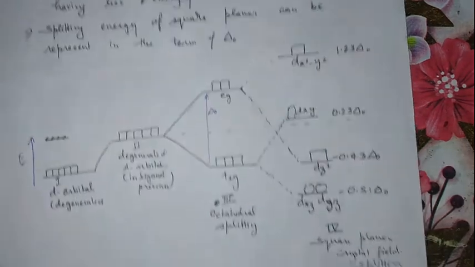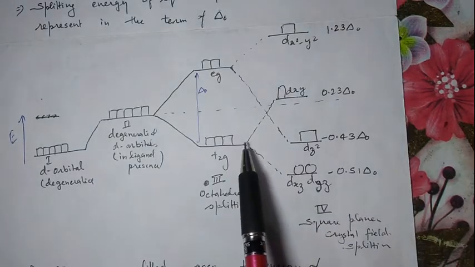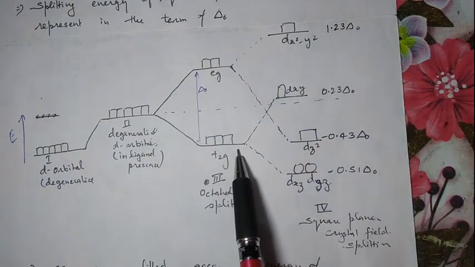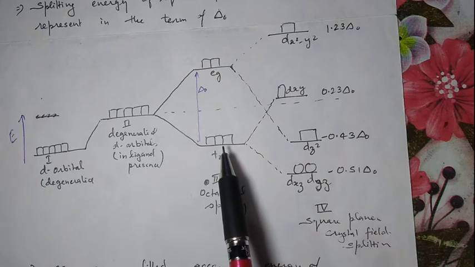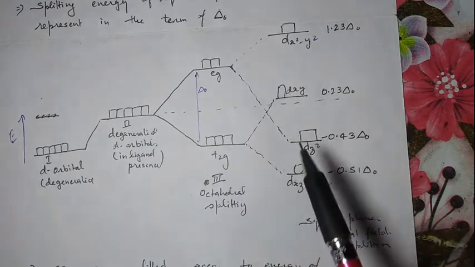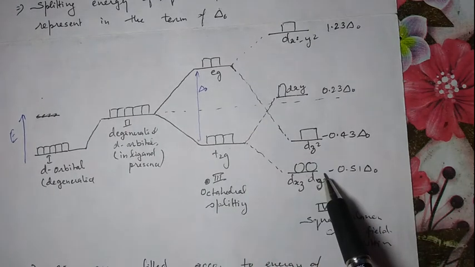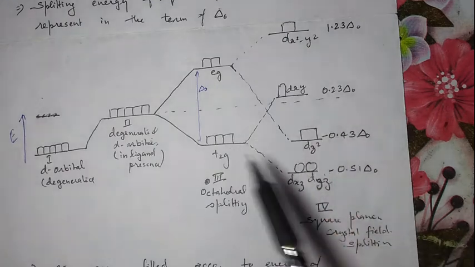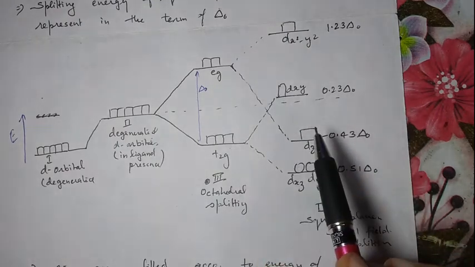Then this t2g set having three orbitals, dxy, dyz and dxz, and the xy orbital goes to a higher level than these two orbitals due to the presence of ligands in the xy plane.